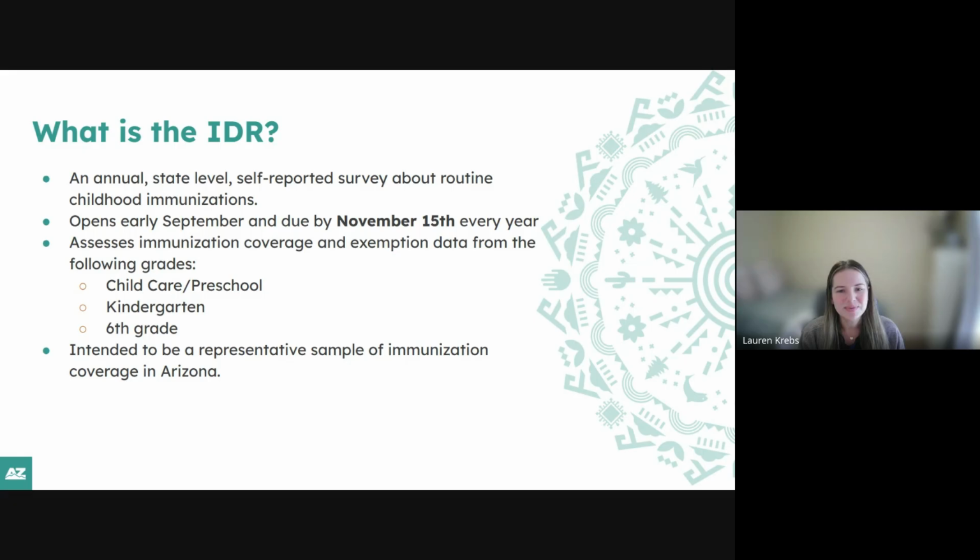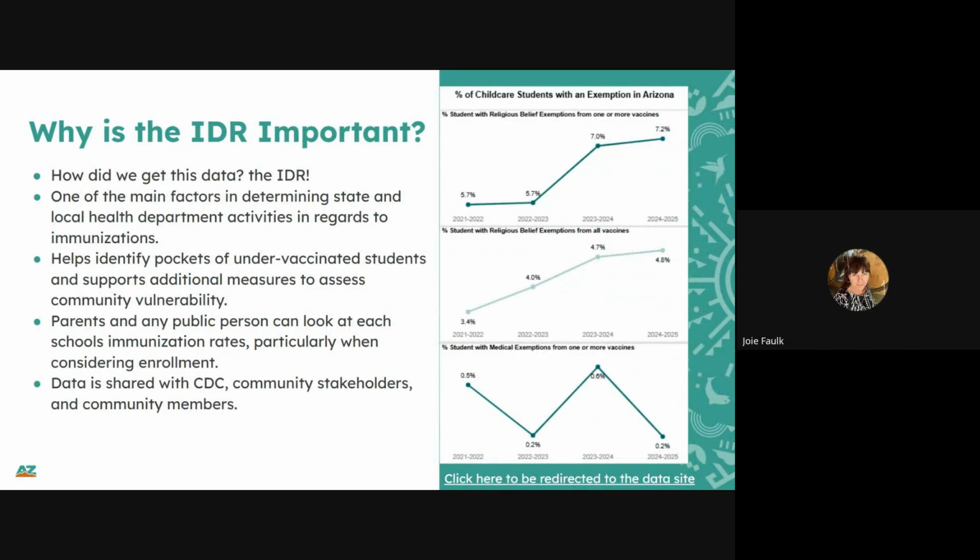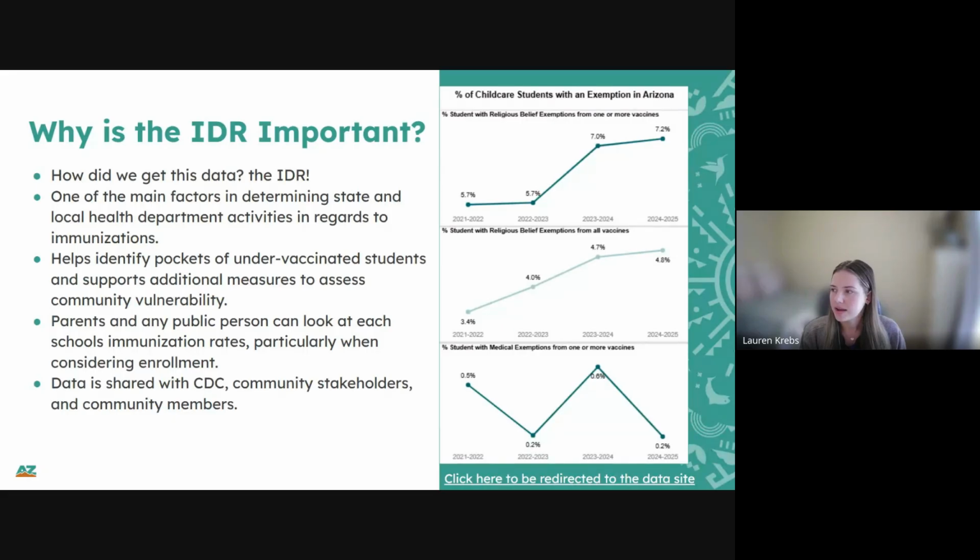It's intended to be a representative sample of the immunization coverage here in Arizona. If you look to the right, we have those data points. For the state level, you can see where our state lies. This data is also submitted to the CDC, and they collect data for the entire country. You can see how Arizona stacks up to other states, and that data is gathered by the IDR.